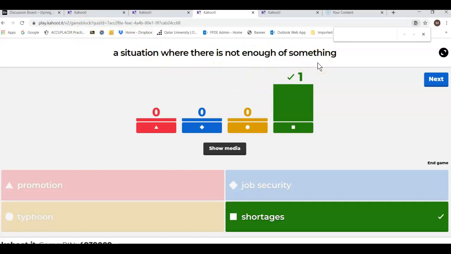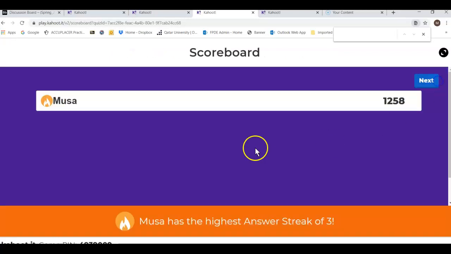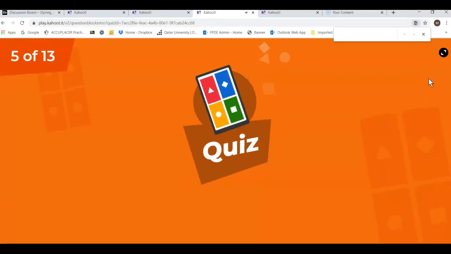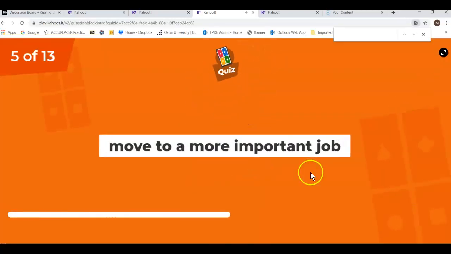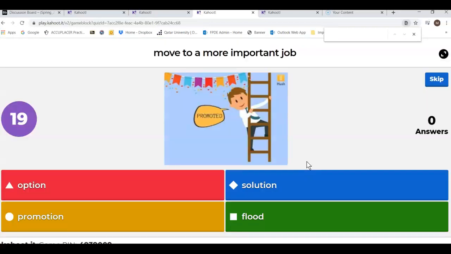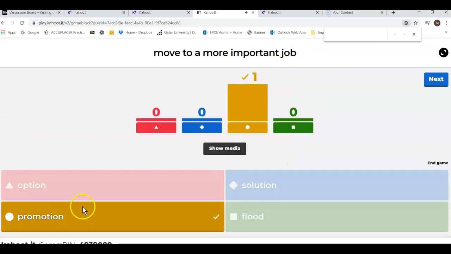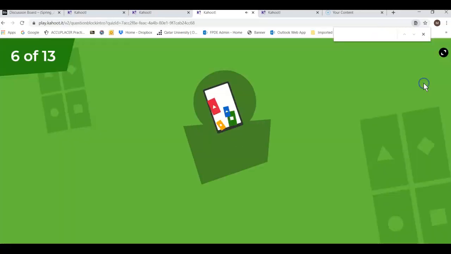A good example of this would be there is a shortage of sanitizers and gloves in Qatar. Question 5. Move to a more important job. When you move to a more important job, it is promotion. Promotion means ترقية في العمل. Okay. Next one.